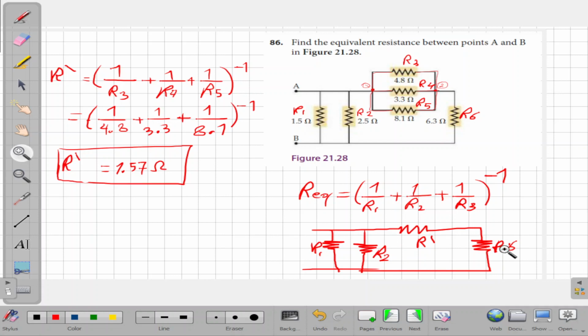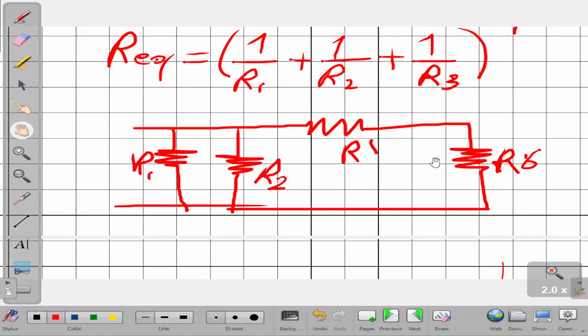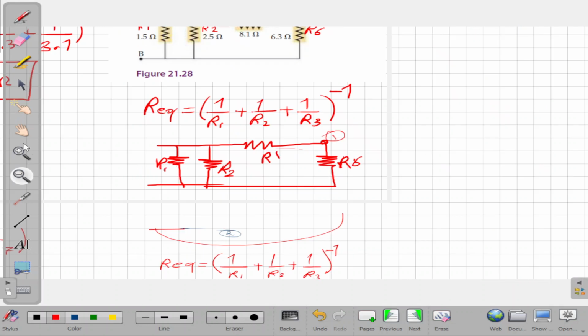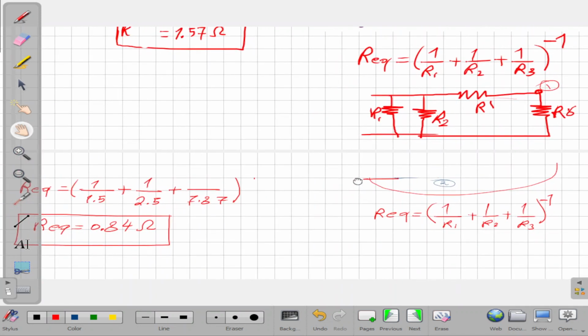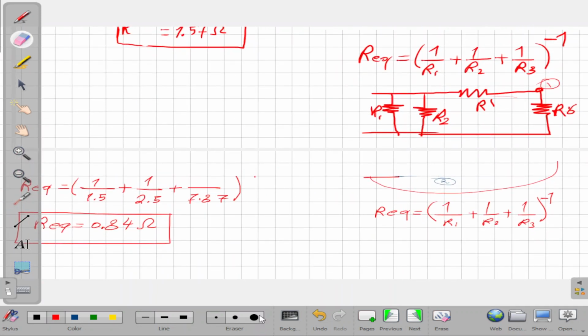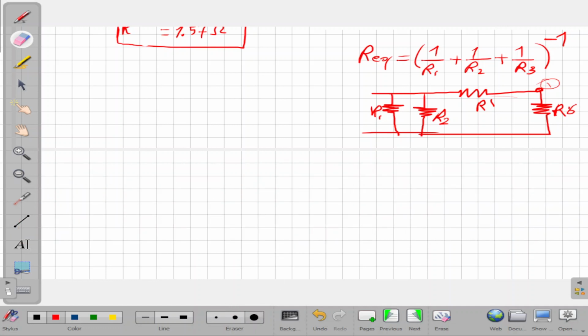Notice that R prime and R6 have only one point in common. They are connected at one point, so they are in series. Whenever we have resistors in series, we apply the following formula to find the equivalent resistance: R equivalent is equal to R1 plus R2, we simply add them together.